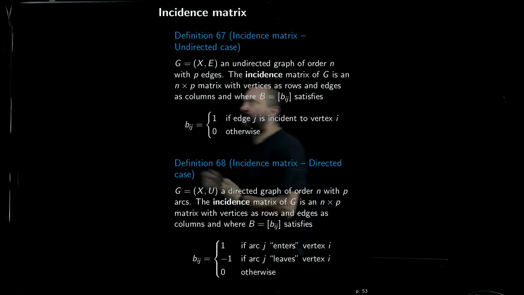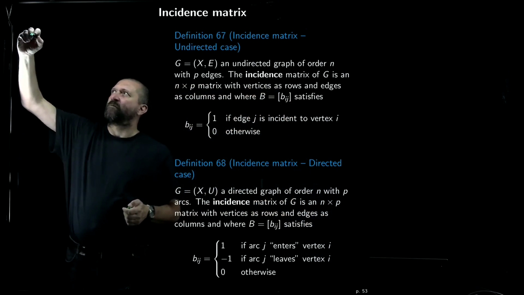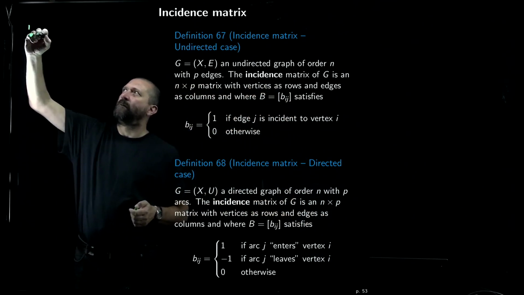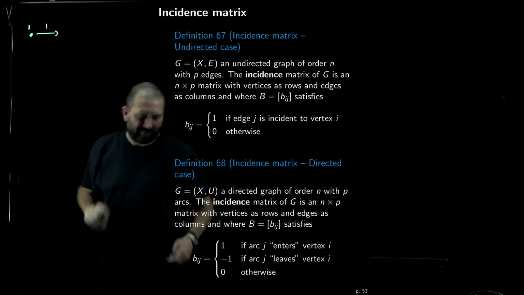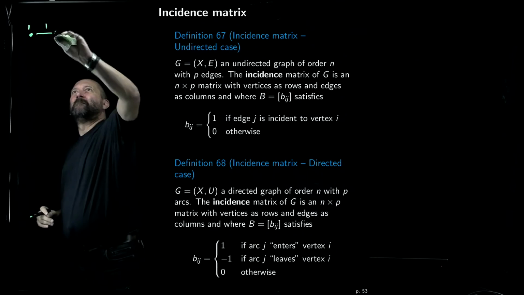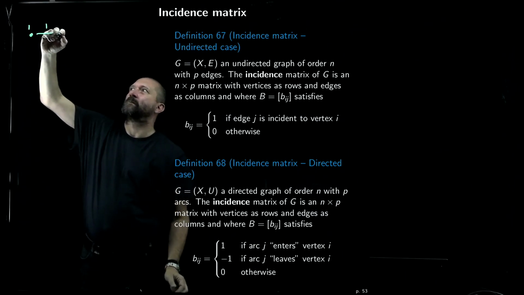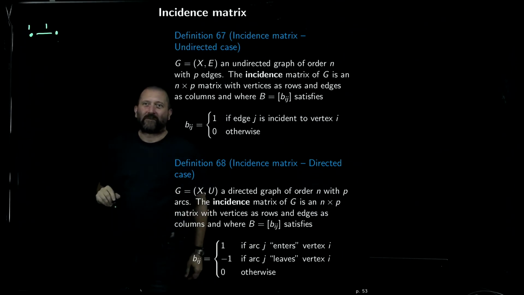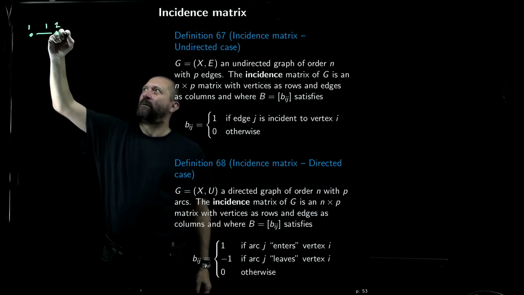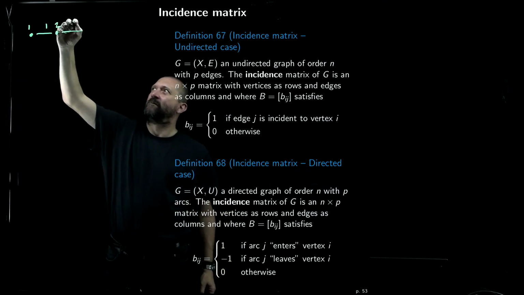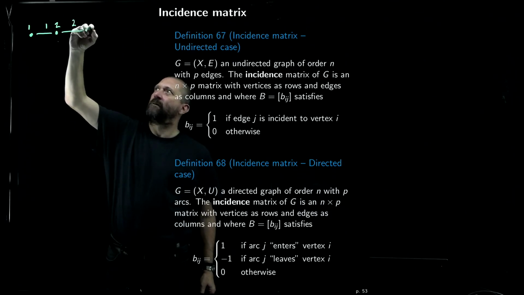So let me show you a simple example. Suppose this is vertex 1, edge 1. Not arc, edge. So edge 1, this is edge 2, and this is vertex 3.